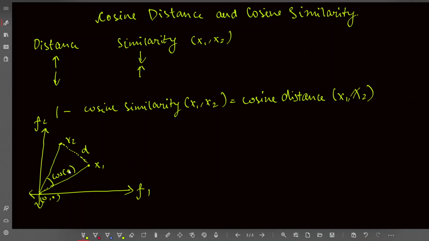So if the angle between x1 and x2 is theta, the cos of that angle will give you the cosine similarity of the points x1 and x2. So we have 1 minus cos theta equal to the cosine distance.